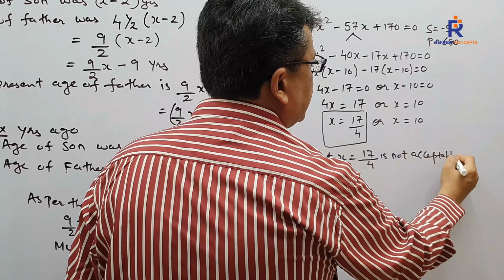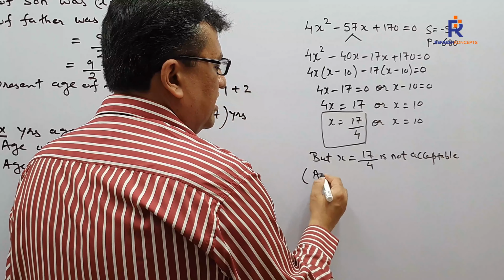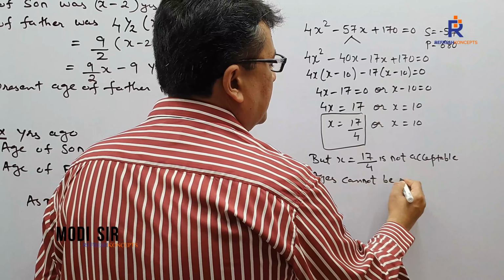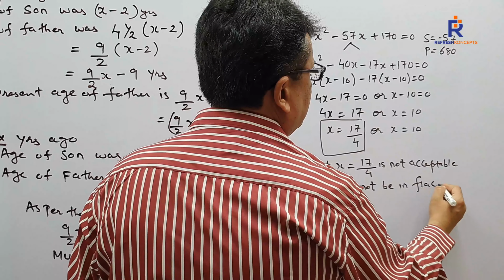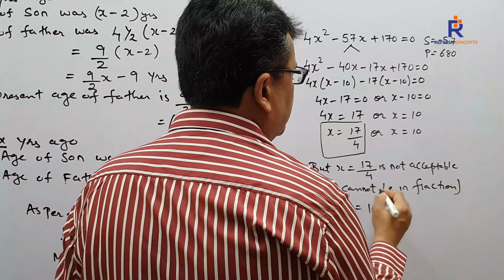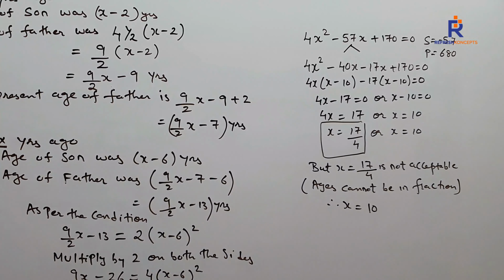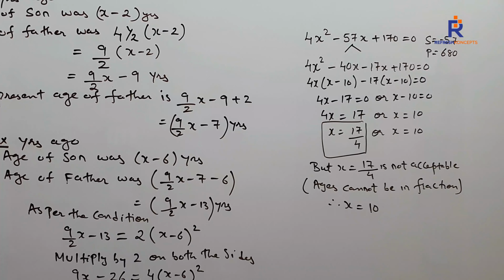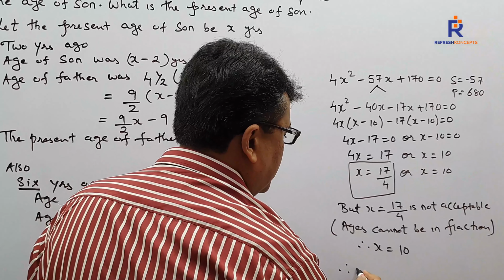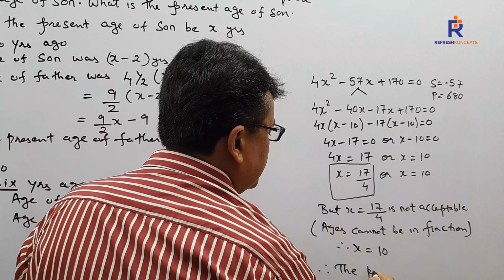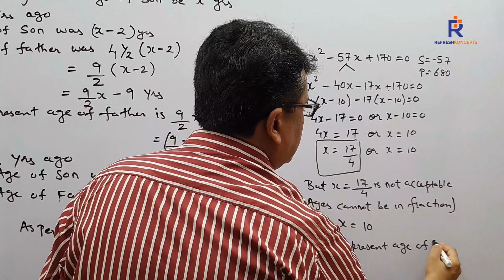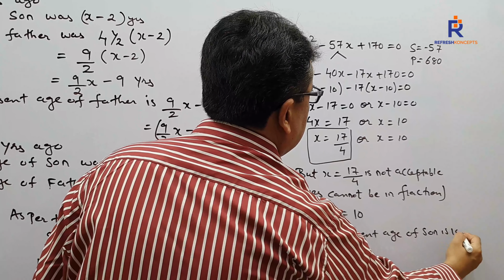So what shall be the answer then? Therefore, x equals 10. That's what we required, as we initialized, let the present age of son be x years. Therefore, the present age of son is 10 years.